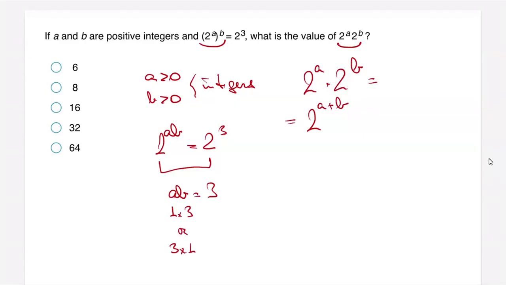Whatever it is, there's no difference between A plus B. It will be the same result. So I put 3 plus 1. Okay, 2 to the power 4, that you know is 16. Super easy or not? Okay.